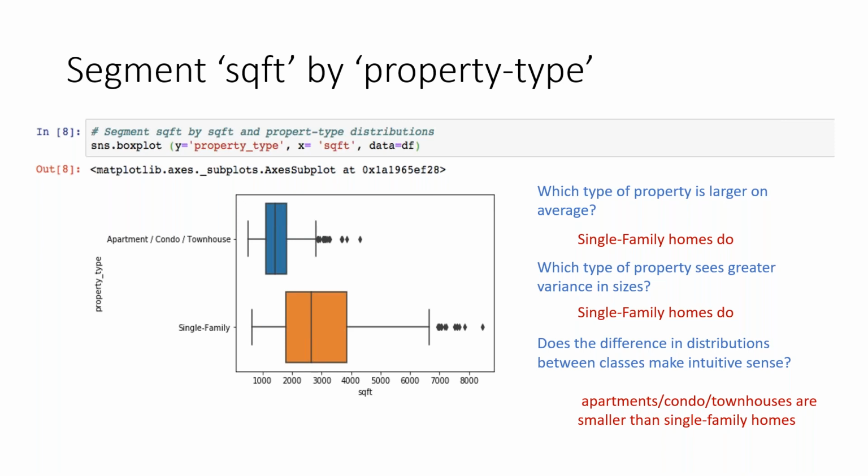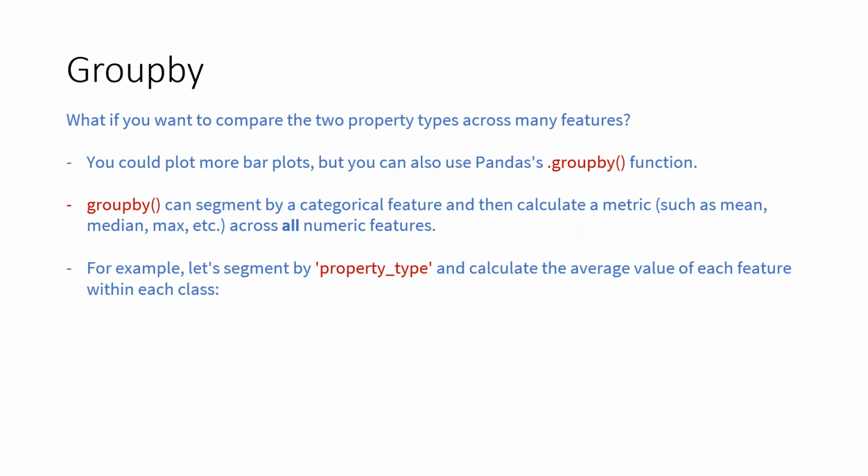At this time, we may be interested in some numbers. What if we want to compare the two property types across many features: square feet, number of schools, property tax paid, insurance paid, many things we want to see. You could plot more bar plots, or we have a very handy groupby function in pandas.